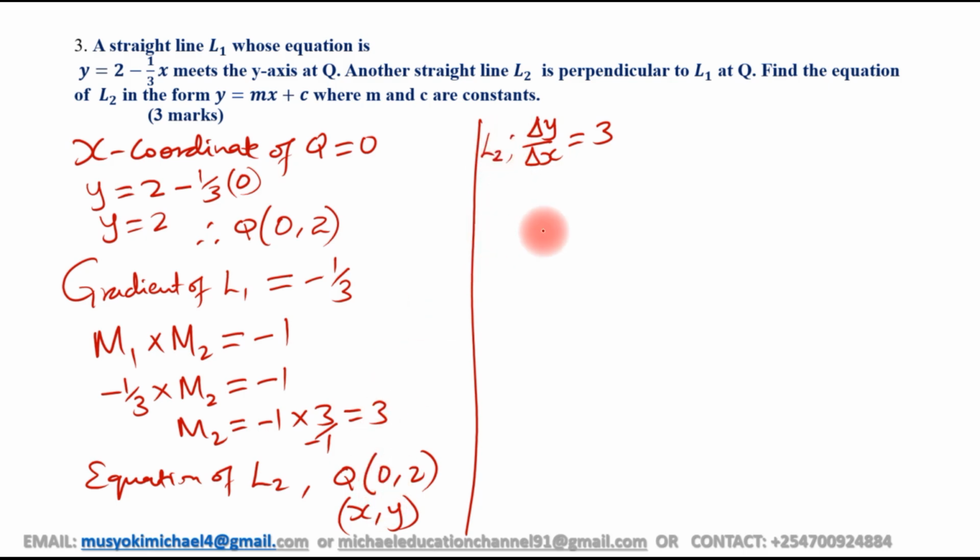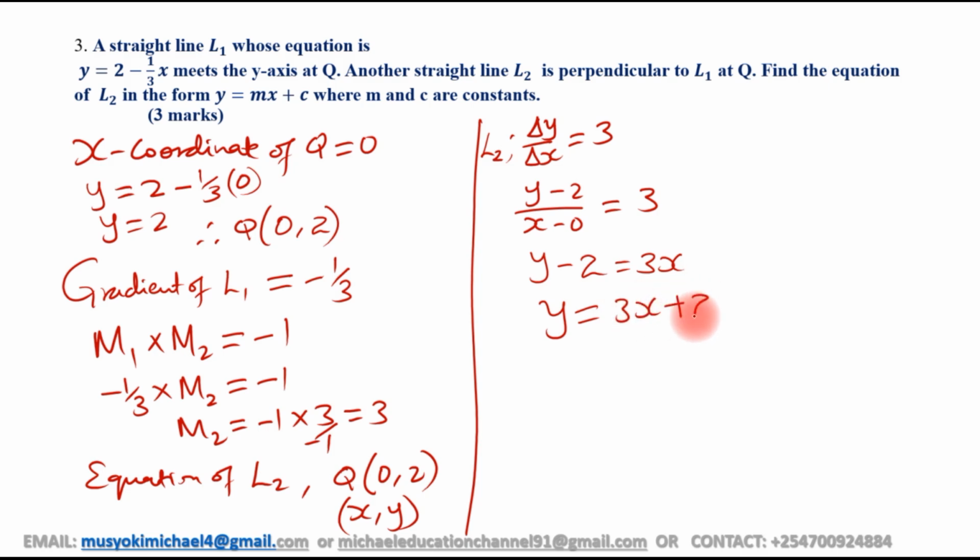So that will be y minus 2 all over x minus 0 is equal to the gradient, which is 3. So this will be y minus 2 equals 3x. We have to write in the form y is equal to mx plus a constant. So this will be y is equal to 3x plus 2. And this is the equation of line L2.